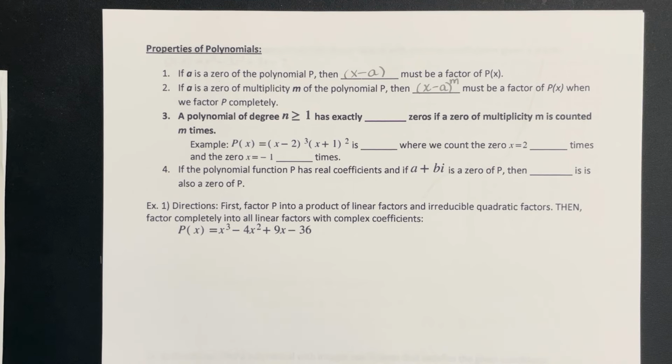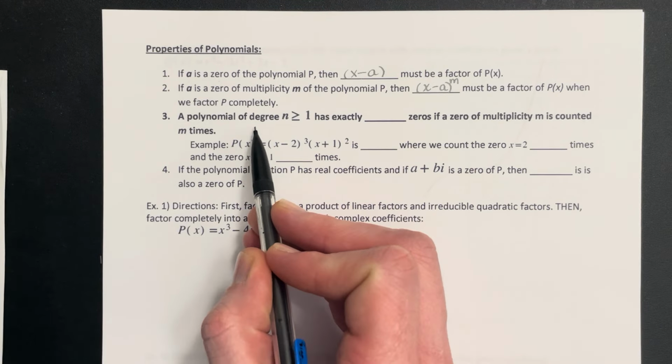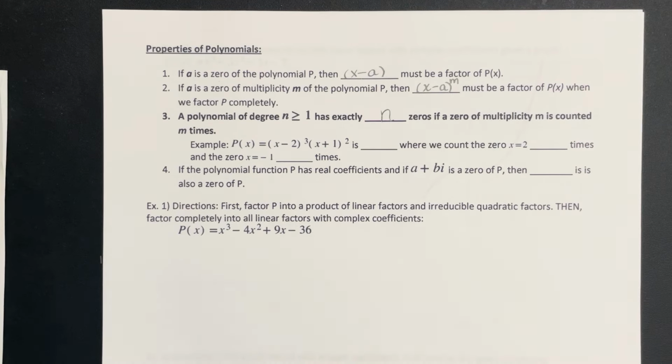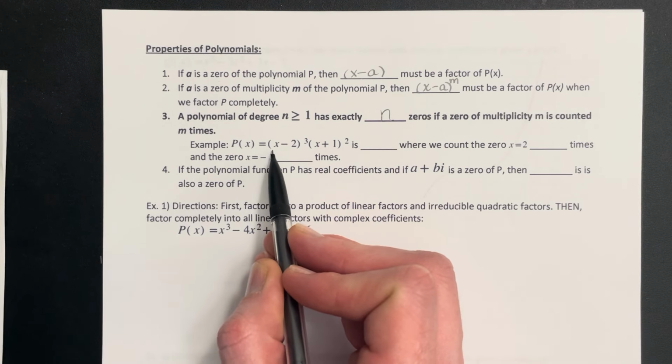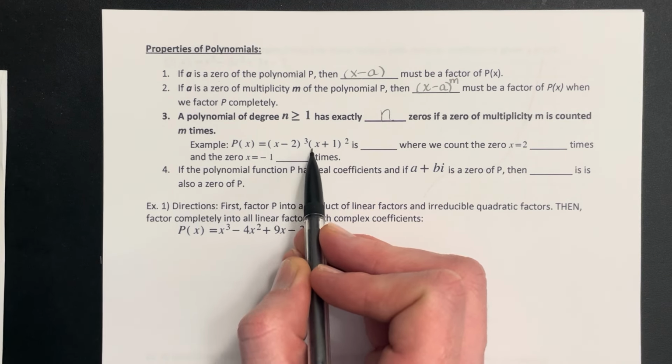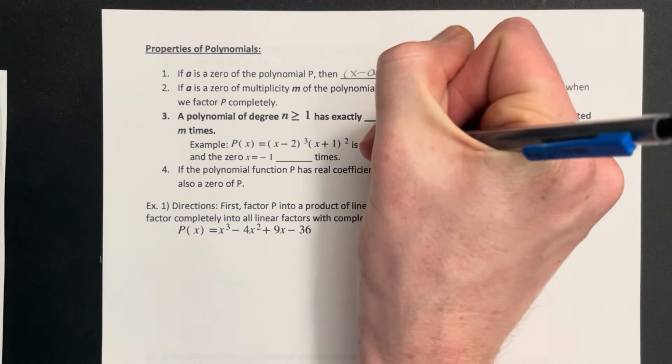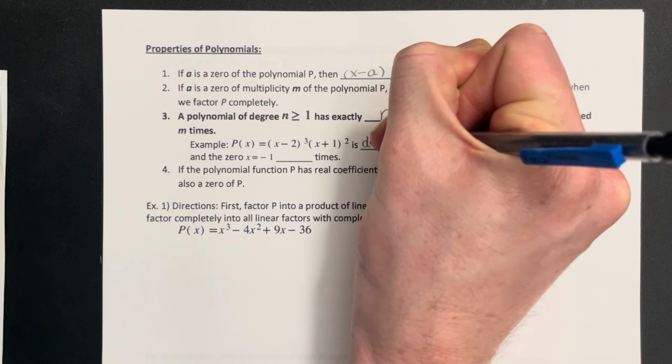The degree of the polynomial helps us understand how many zeros there should be. So a polynomial of degree n has exactly n zeros as long as we're counting the multiplicities. If it has a multiplicity, then it does add up to the actual degree. So for this example, x minus 2 cubed times x plus 1 squared, this is a degree 5 polynomial.